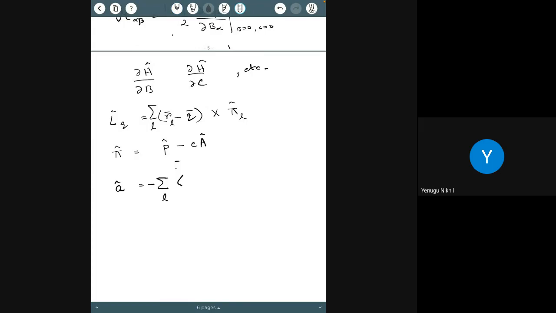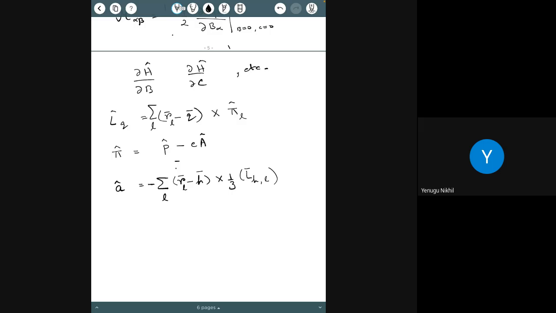This is the operator: R minus H cross 1/3 of L H for electron L. Okay.